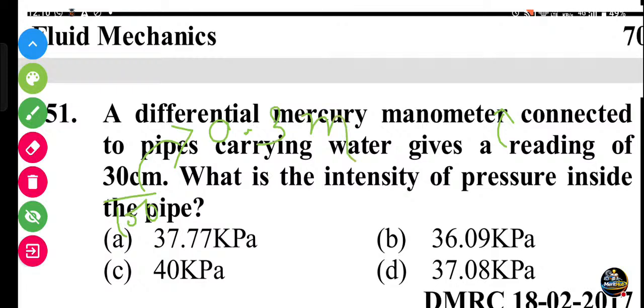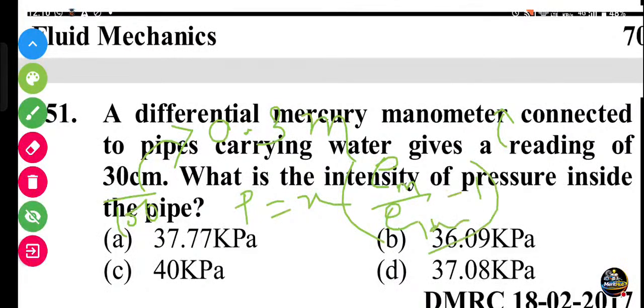We know that the pressure intensity equals rho g h, where h equals the manometric reading X into the density of the manometric fluid by the density of the ideal fluid minus 1. Here mercury is used, so the density is 13600 divided by the density of the ideal fluid, water, 1000.